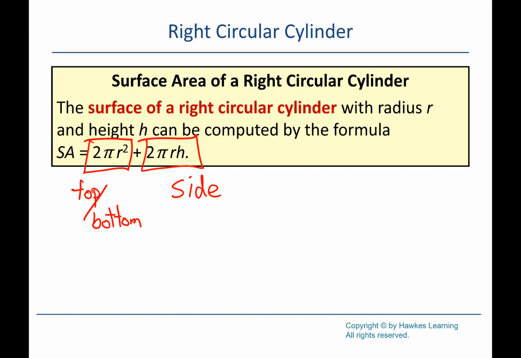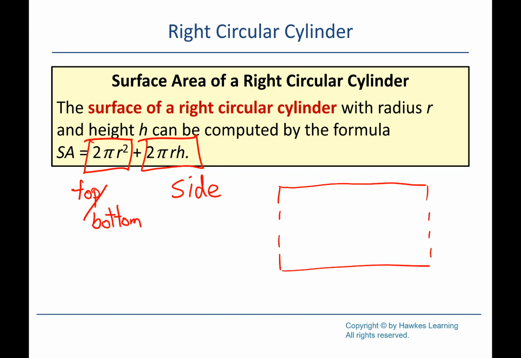And that part is like, if we unroll it, a rectangle. If we have a cylinder and we cut it down the side and unroll it, we get a rectangle.